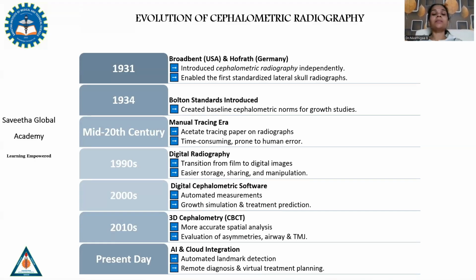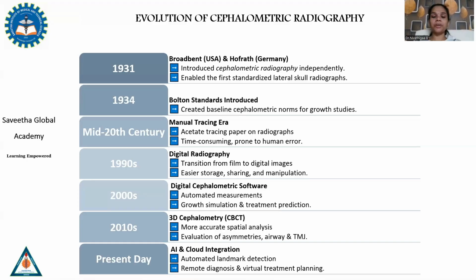Then the Bolton standards were introduced where cephalometric norms were introduced for growth studies. Then the manual tracing using acetate papers on radiographs was introduced. But this manual tracing is a time consuming process. For a beginner, a manual tracing might even take up to a day or two.